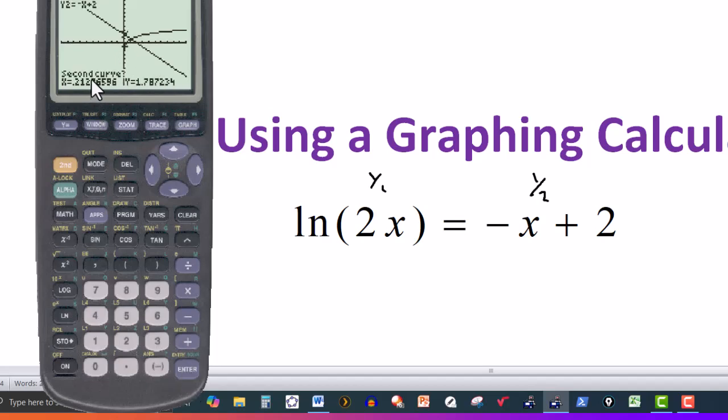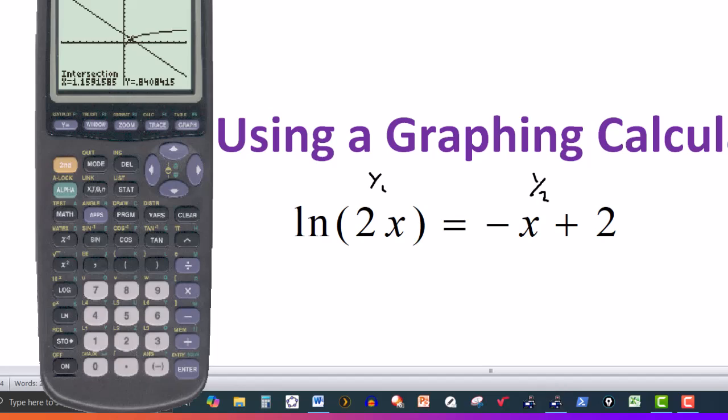Now it gives me second curve, and it's going to the line now, so we hit enter there. Now what's a guess? You can ignore that and just hit enter, and it tells you that the two graphs intersect at 1.159, or two places, 1.16, and that is the intersection point.